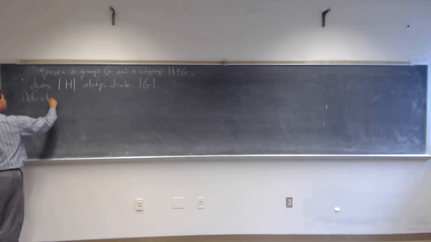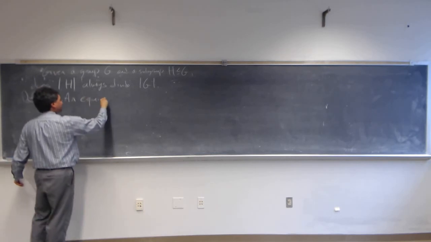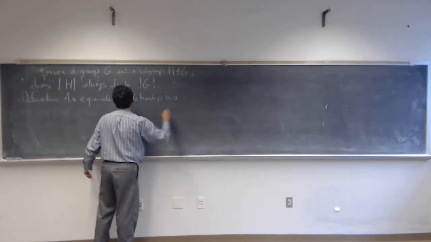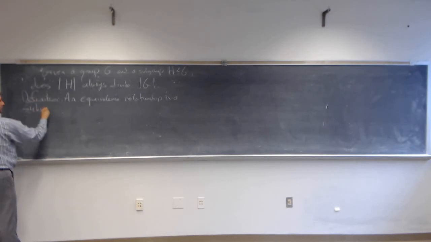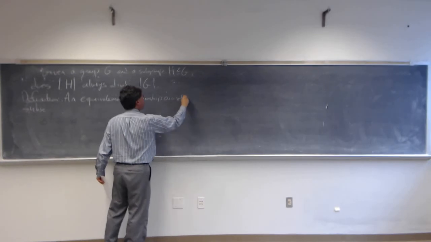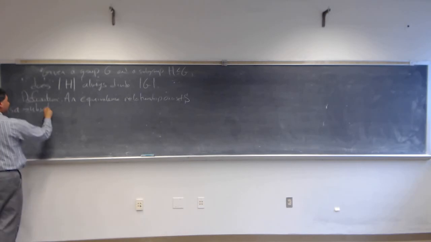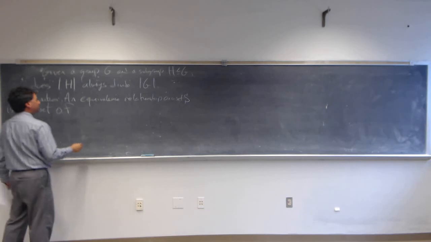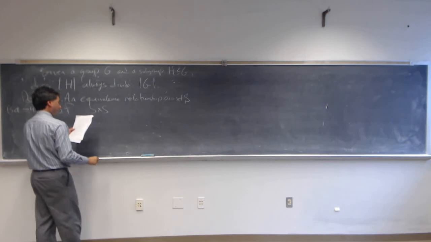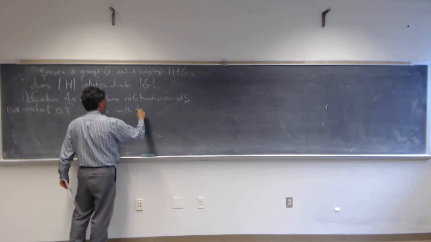So a definition: an equivalence relation on a set S is a subset of the Cartesian product, the set of ordered pairs S cross S, with the following properties.